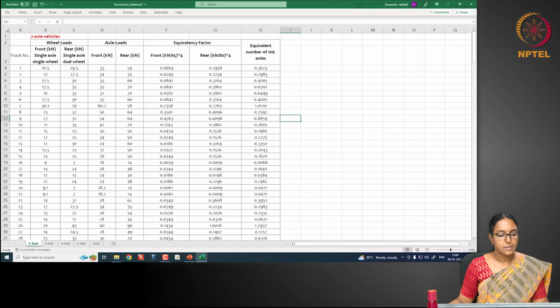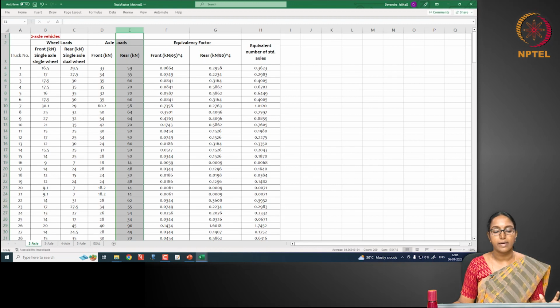What we see here is that you have the 2-axle vehicles. In the 2-axle vehicles, you have the front axle load as well as the rear axle load. The second and third columns here give a wheel load, multiplied by 2, which will give you the axle load. So you can see here this column D gives you the front axle load, and column E gives the rear axle load of that 2-axle truck that we have discussed.